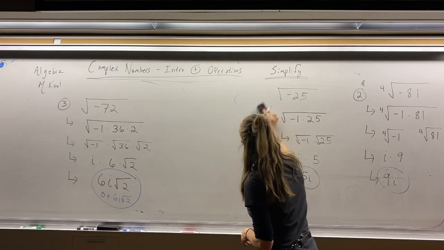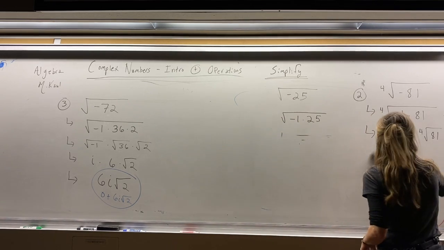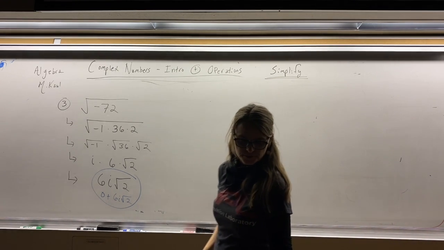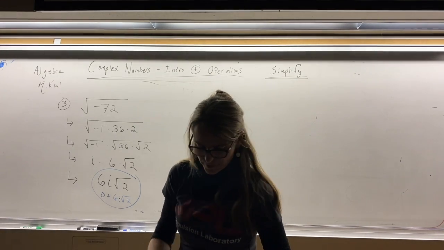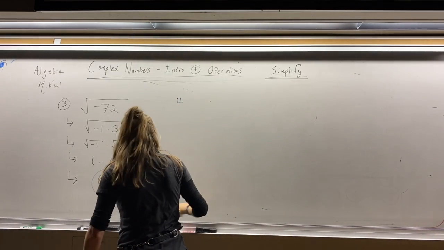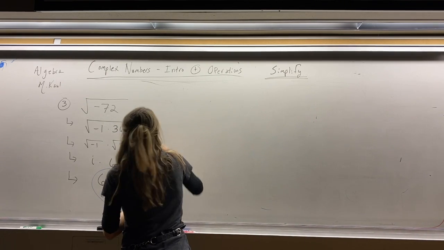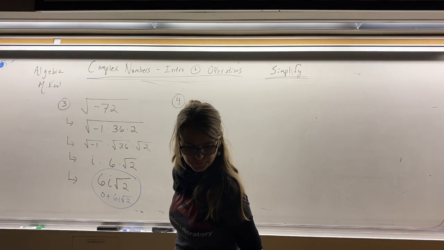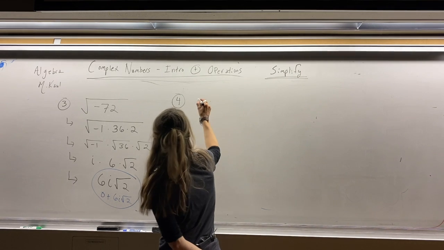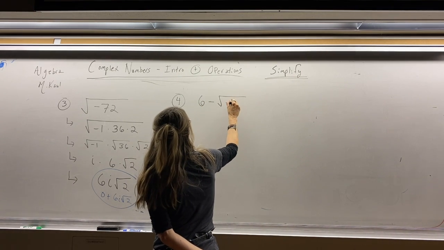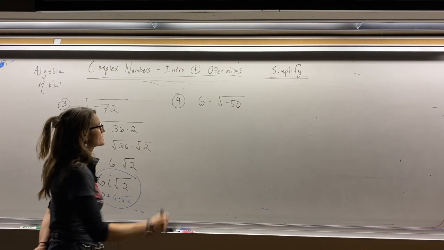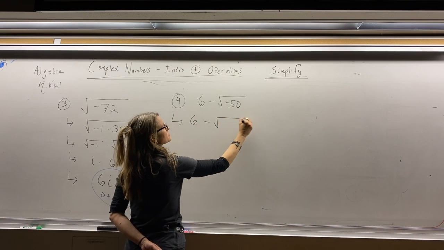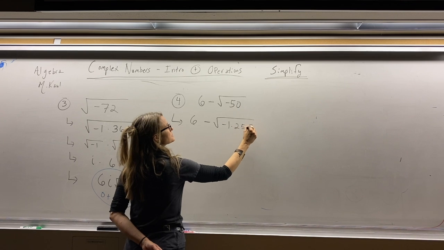Okay, so the next step here is to look at some other numbers with combinations. Let's say we had something like this. Well, same idea. We simplify this and we say 6 minus, and we could break down this minus 50 to negative 1 times 25 times 2.